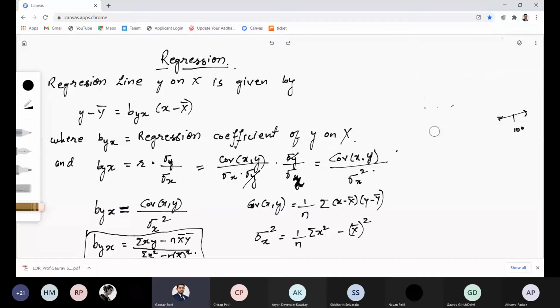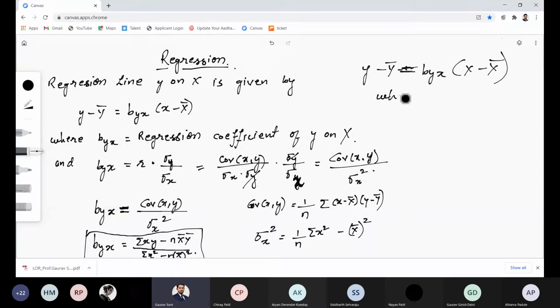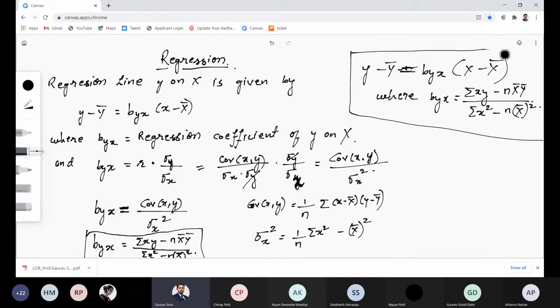The regression line of y on x is given by y minus y bar is equal to byx times x minus x bar, where byx is equal to summation xy minus n times x bar y bar upon summation x square minus n times x bar square. Add this to your list.